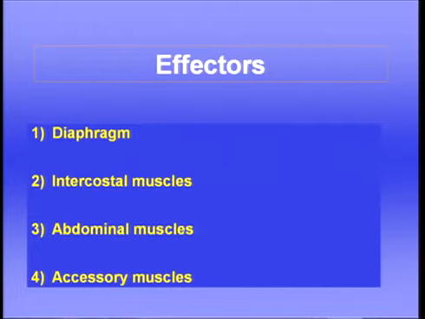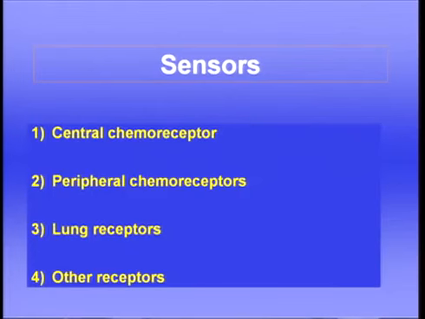And we shouldn't forget also the accessory muscles of ventilation, muscles in the neck, for example, which support the upper ribs, the first rib particularly, but they come into play during vigorous exercise, for example, and also patients who are severely short of breath can be seen to be using the accessory muscles. So we don't need to say any more now about the effectors. Let's move on and talk about the sensors, and this is a much bigger topic. The sensors can be divided into 4 main categories.